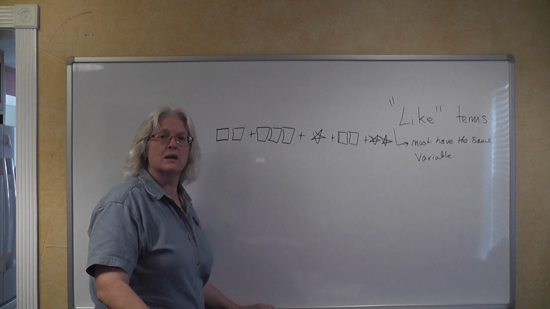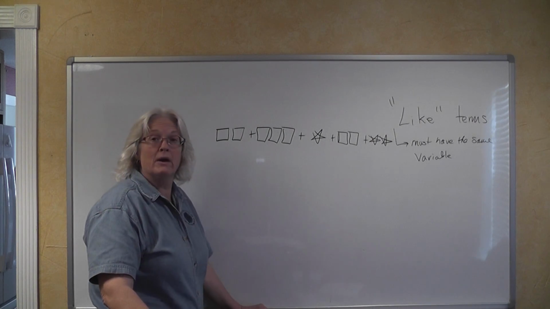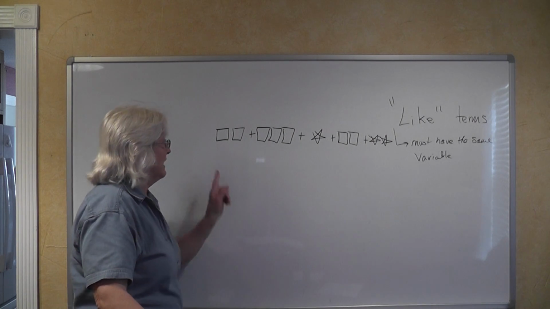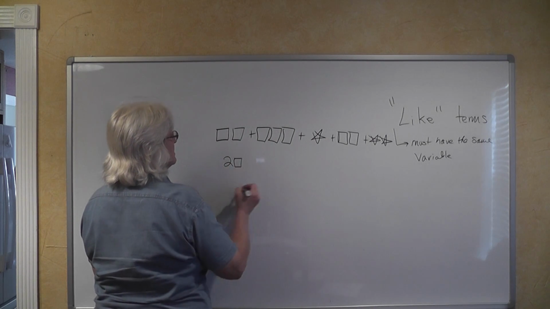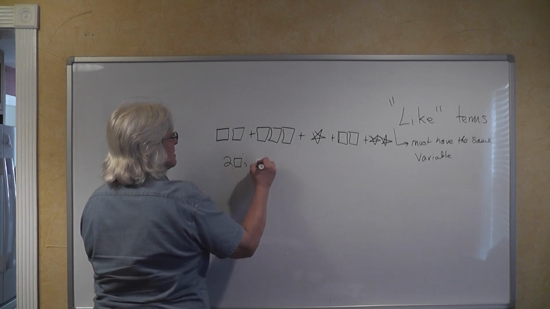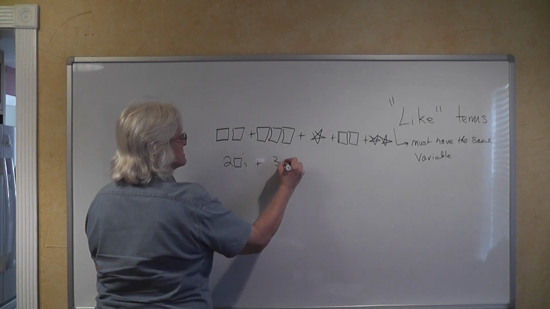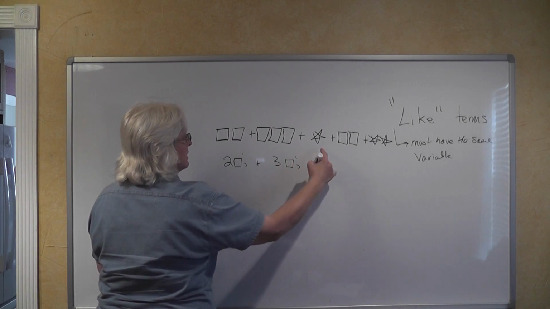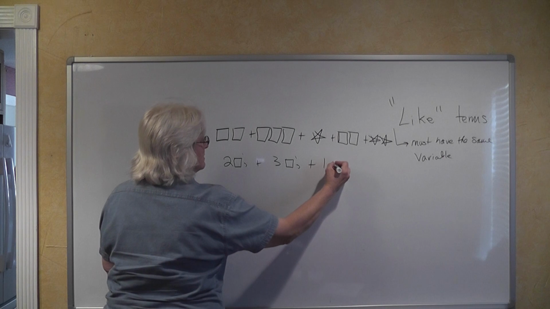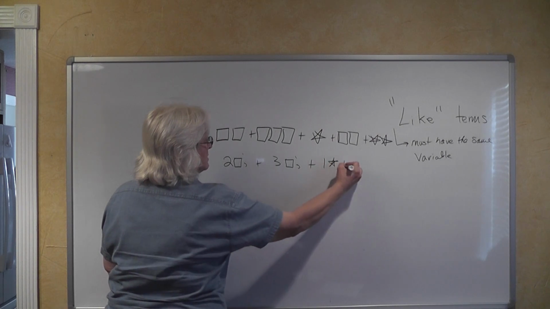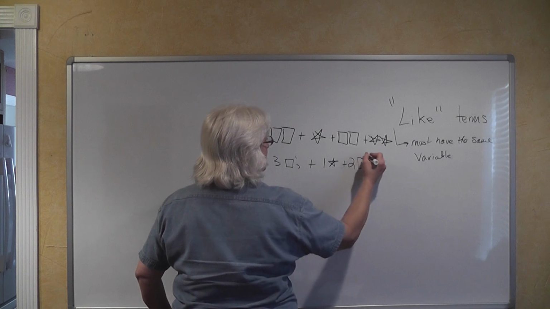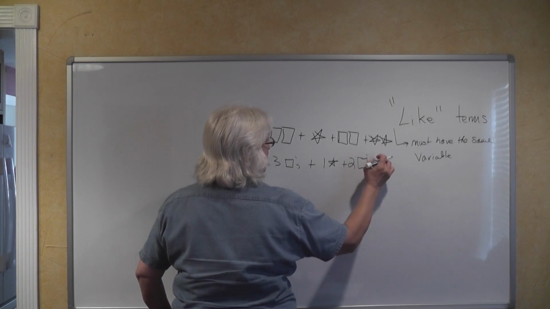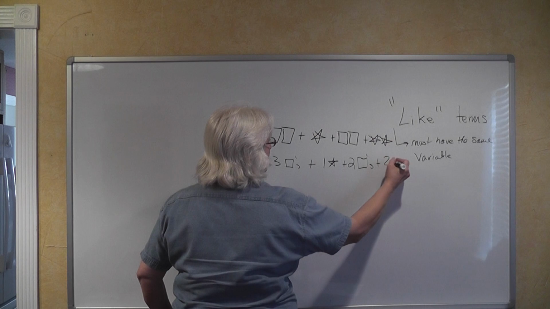And your teacher says, okay class, let's see how many squares and how many stars we have. So here we have 2 squares, plus 3 squares, plus 1 star, plus 2 more squares, plus 2 stars.